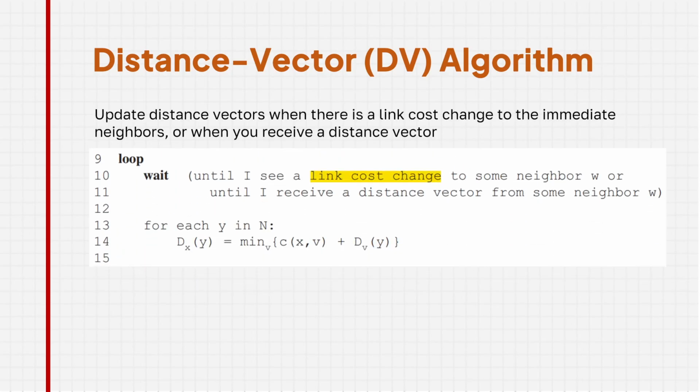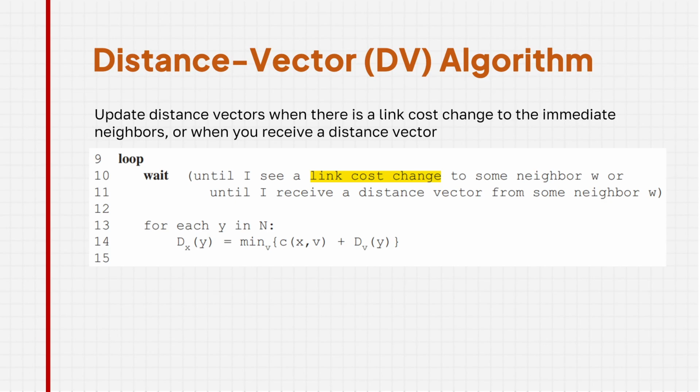Now on the loop side, this is what happens when either you see there's a change in the link cost or when you receive a new distance vector. When it is received, then you will run the Bellman-Ford equation. Okay, everyone understands the Bellman-Ford equation? Basically, you receive a distance vector, you will now need to update from your side the cost to go to each node there, plus the assumed cost from that node to the end.